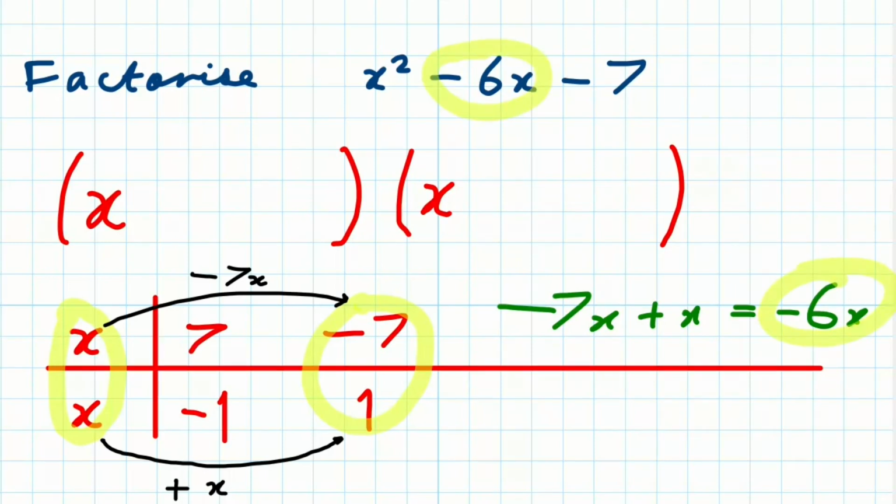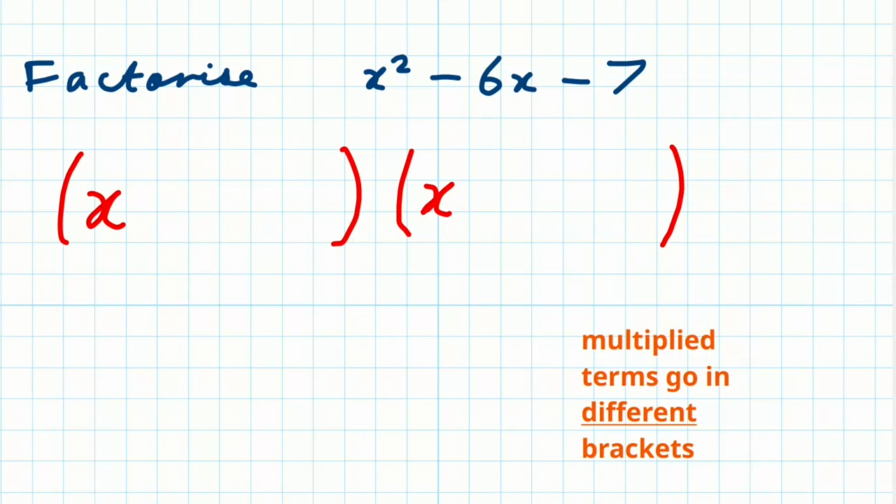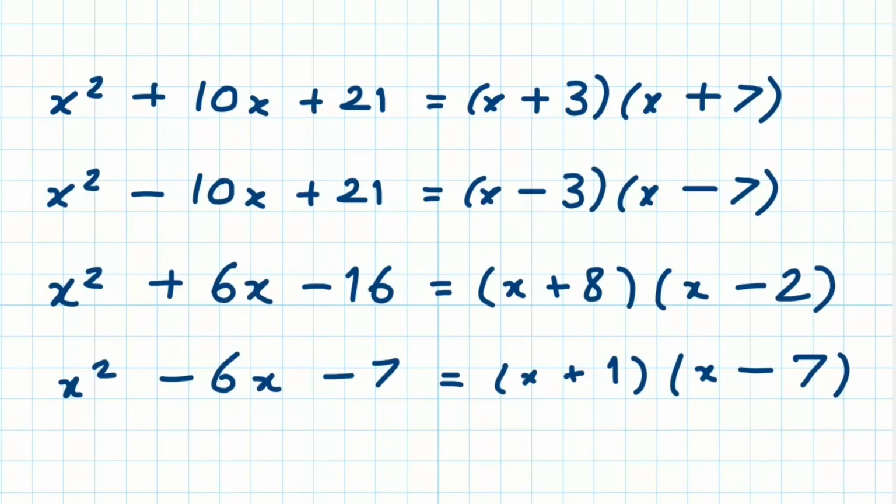So to multiply the x by the minus 7, we put minus 7 over here, and to multiply the x by the 1, we put plus 1 over here. And that is our answer, x plus 1, x minus 7. In the next video, we will see the hardest type of trinomial factorization, where we have a number before the x squared.